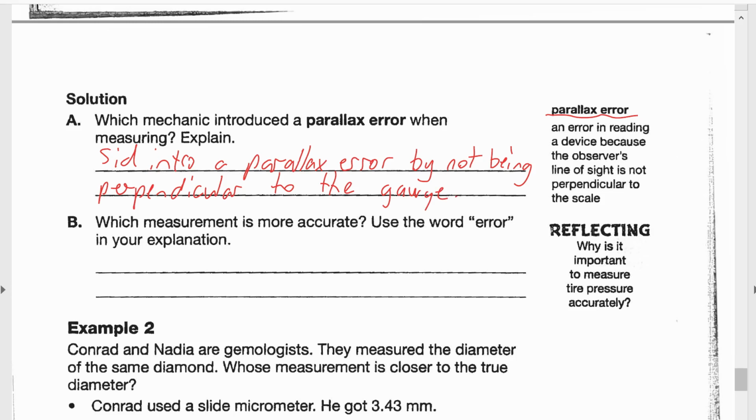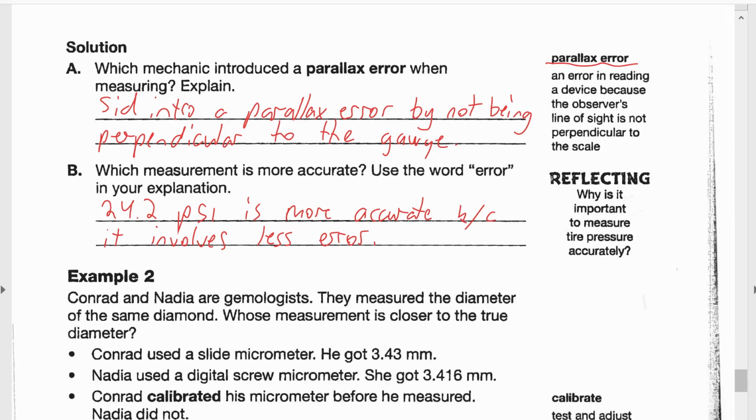Which measurement is more accurate? Use the word error in your explanation. 24.2 psi is more accurate because it involves less error. There we go.